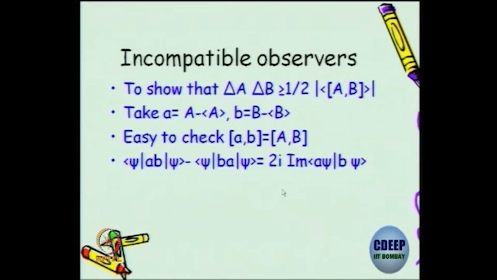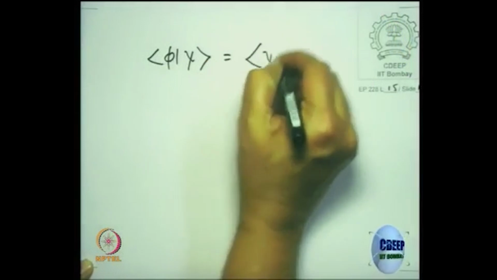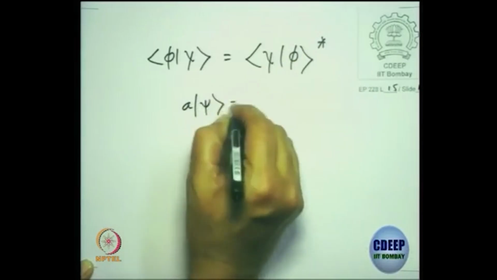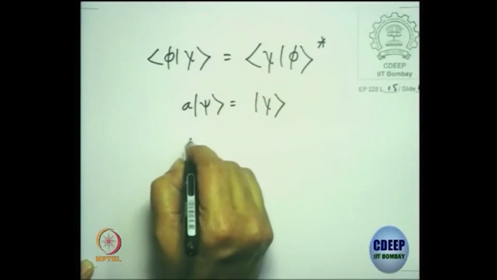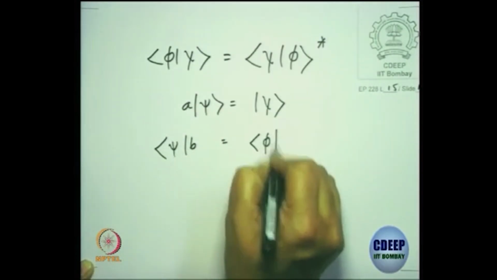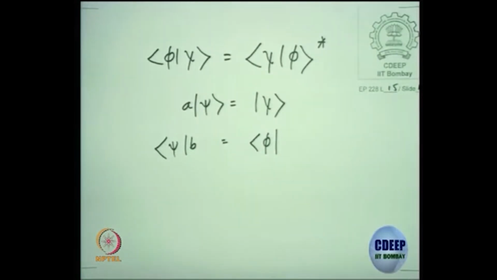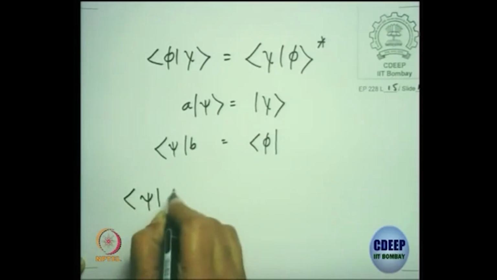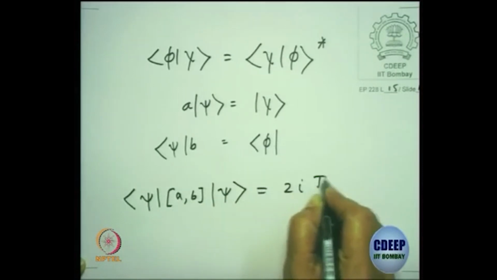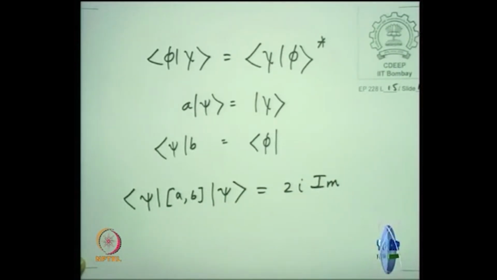What is the inner product property? They are Hermitian operators. They are observables. So use these two properties and you can show that psi with commutator AB is twice i times the imaginary part of it.